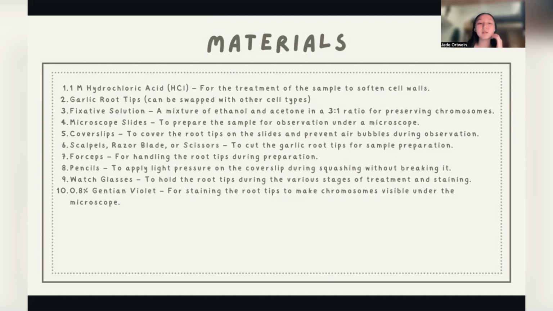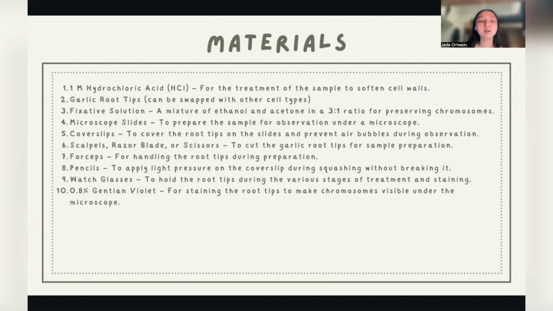And the fixative solution, which is ethanol and acetone in a 3:1 ratio, microscope slides, cover slips, scalpel, razor, or scissors, forceps, pencils to apply pressure on the cover slip while squashing the sample that you just made, and watch glasses to hold the root tips during the stages of treatment and staining.